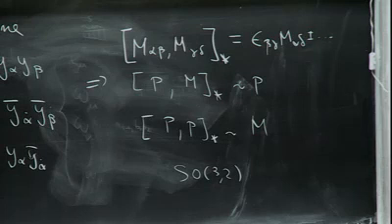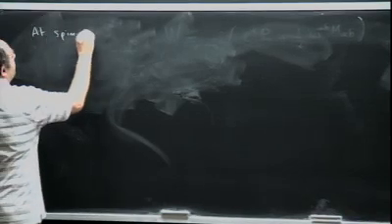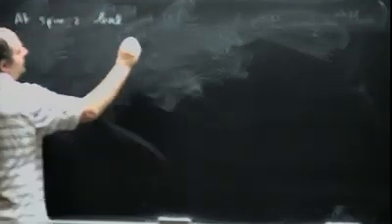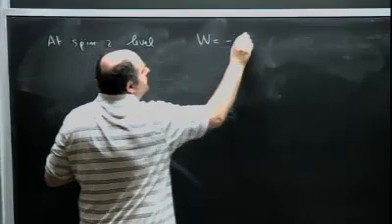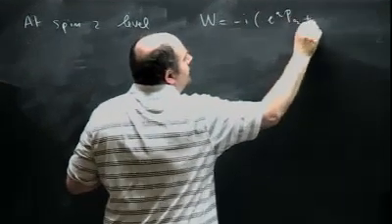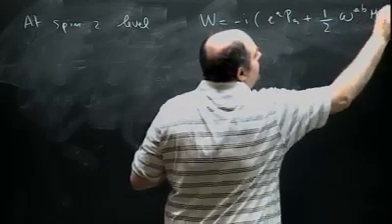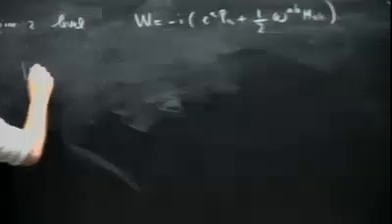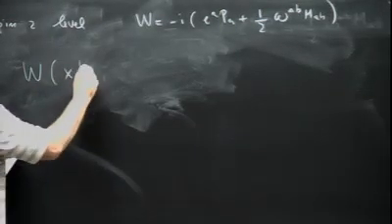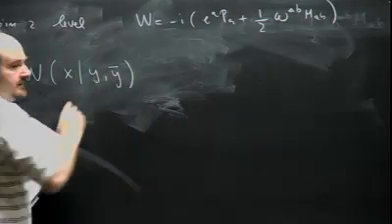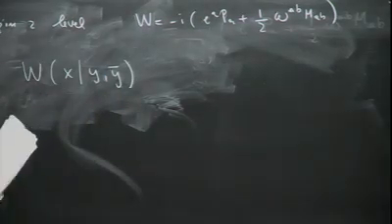So now we see that at spin 2 level, what I was writing before as W equal to e^a P_a plus 1/2 omega^{ab} M_{ab} now becomes just I take W, which is a function of x and also of some auxiliary variables y and y bar.